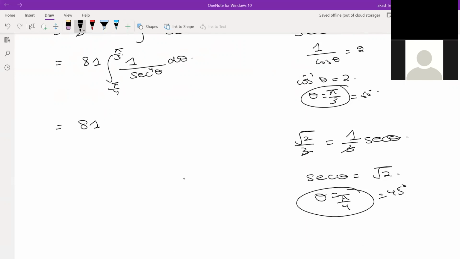Now we can't directly apply the integration on 1/sec^4 theta. We have to apply some trigonometric identities that we learned yesterday. So it becomes pi by 4 to pi by 3. Can I write my sec^4 theta like sec square theta multiplied with sec square theta?